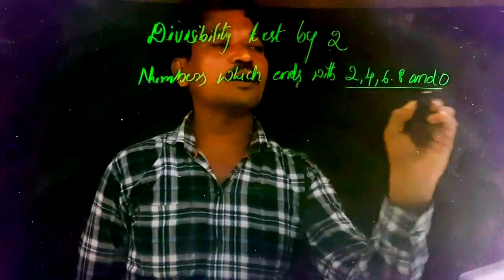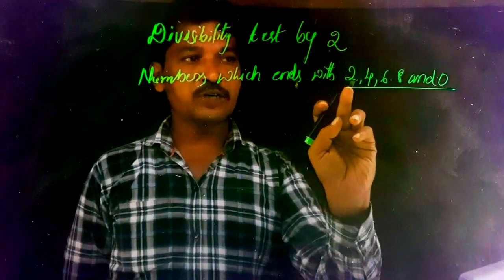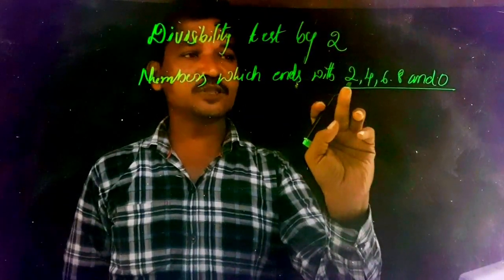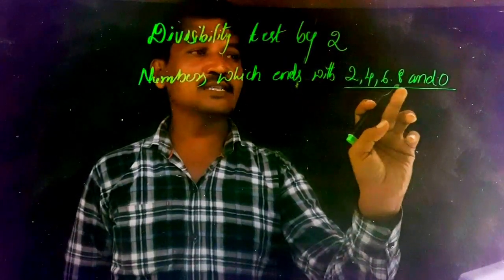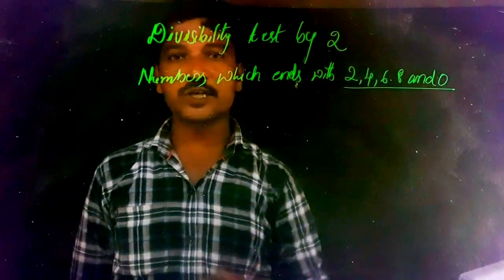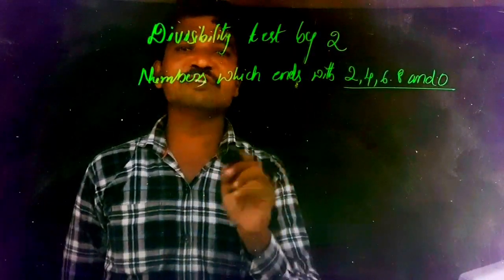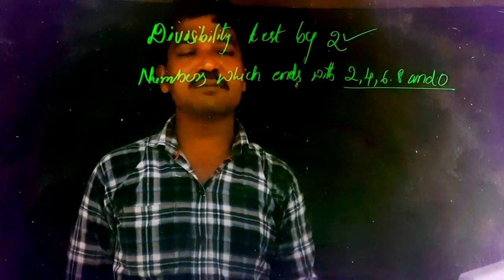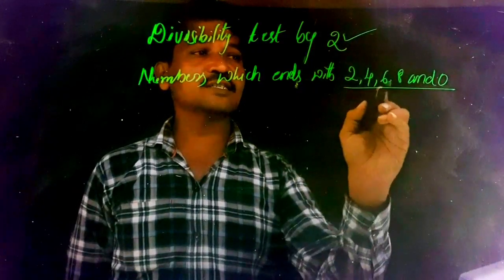What are they called? All even numbers. If the number in its unit place ends with 2, 4, 6, 8 or 0, it is divisible by 2. All even numbers are divisible by 2. Here 2 is there, 4 is there, 6, 8, 0.